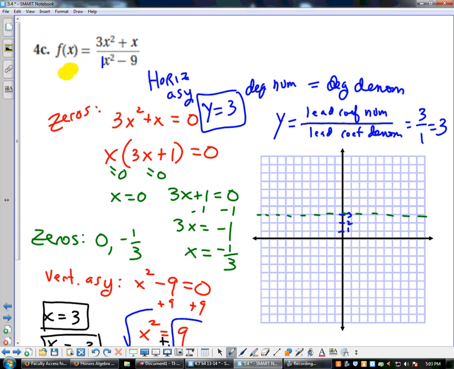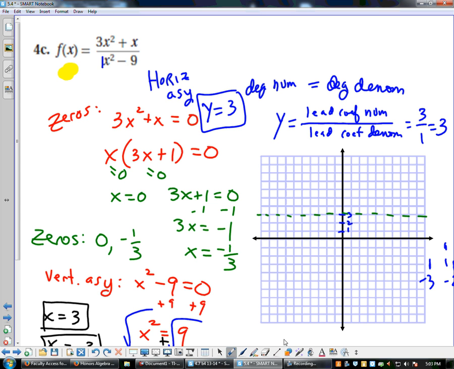On my horizontal axis, I think I'll go by 3's here. So that's -1, -2, -3, 1, 2, 3, because I have a vertical asymptote here at x equals 3. I guess I didn't need to do that. Sorry about that. Clean that all up.